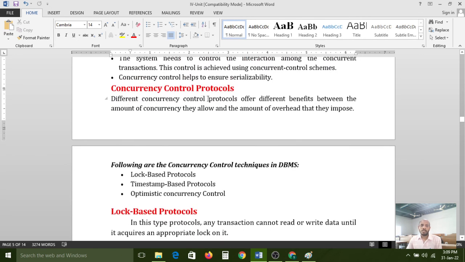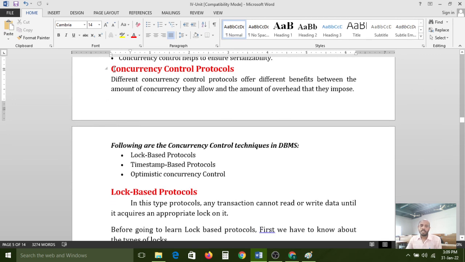Different concurrency control protocols offer different benefits between the amount of concurrency they allow and the amount of overhead they impose. Carefully observe. What is a concurrency control protocol? Different concurrency protocols offer different benefits.